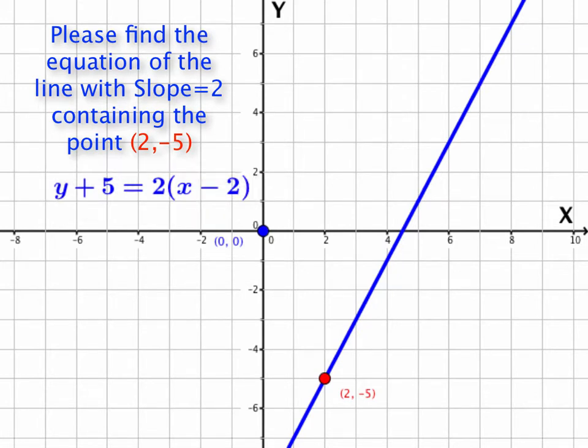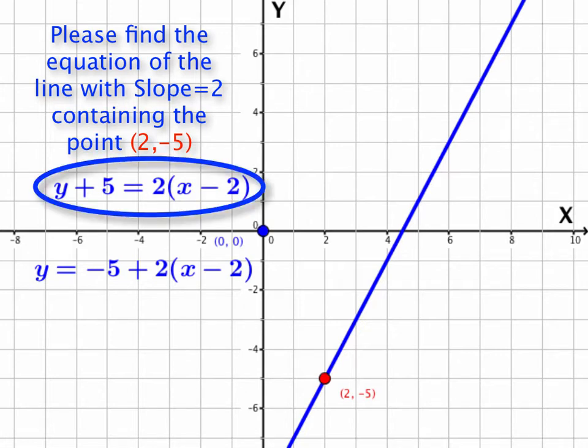Now there are a couple different ways to rewrite this same equation, each of which has its own merits. For instance, this one is great because it tells you exactly the slope and what point your graph goes through. Another way to write this is y = -5 + 2(x - 2). And note all I did was subtract 5 from both sides of this equation.